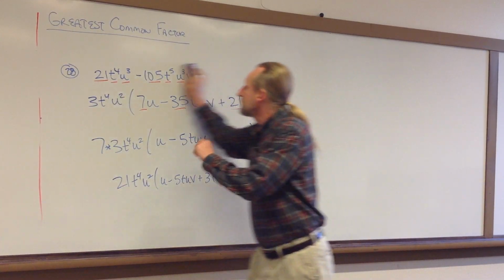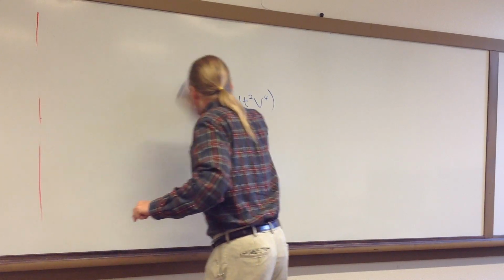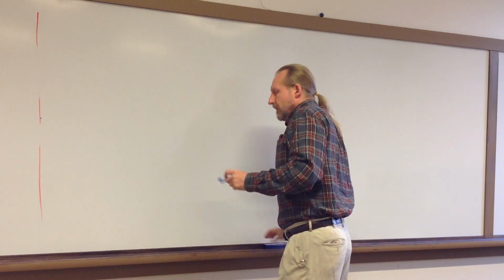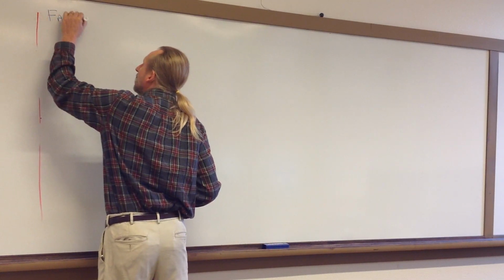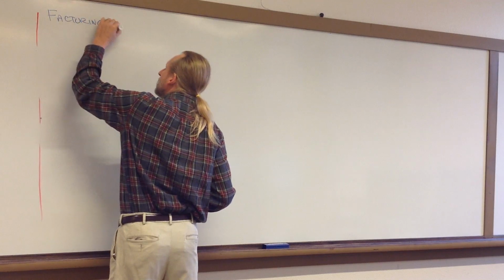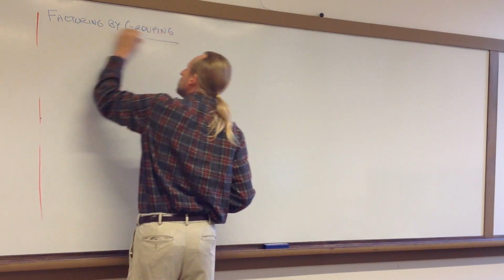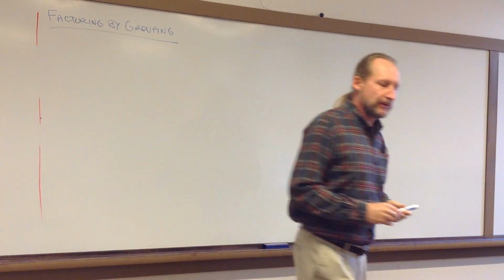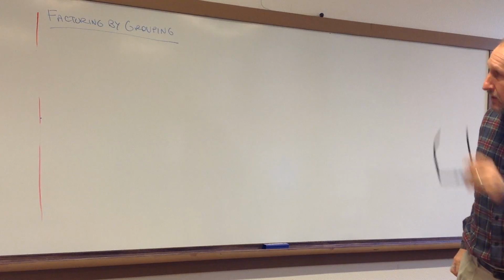So now let's look at the end of the worksheet there, which is a different kind of factoring called factoring by grouping. And it's related to the greatest common factor method, okay? But it's a little less common and it's a little bit trickier to work with.